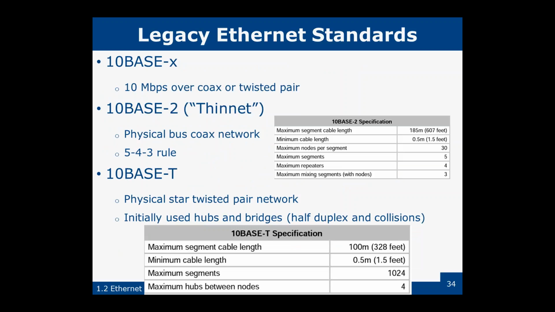The legacy Ethernet standards, 10BaseX. What each of these things means: 10 is the speed, 10 megabits per second. Base is baseband, not broadband. And X is going to be the distance.